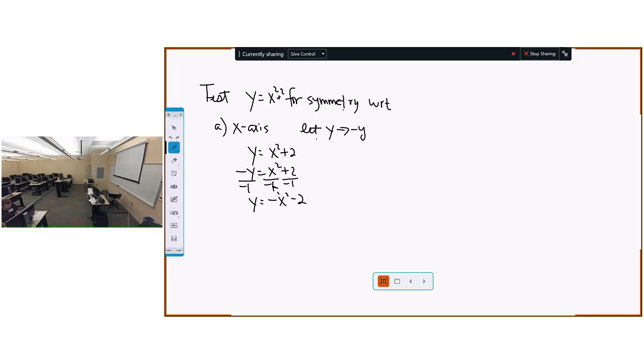Okay? Since a negative x squared minus 2 is not equal to x squared plus 2, the graph is not symmetric with respect to the x-axis.